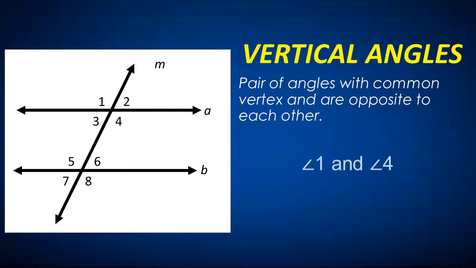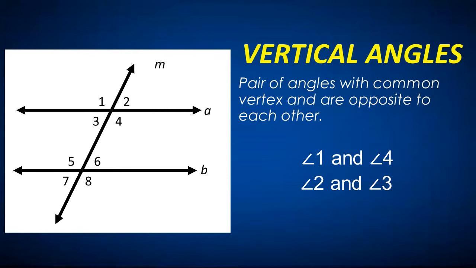So, ang example niyan is angle 1 and angle 4. Angle 1 and angle 4 are opposite. Angle 1 and angle 4 have the same vertex or common vertex. Yun yung point of intersection. Ito yun, point of intersection nung line M and line A. So, another example is 2 and 3.